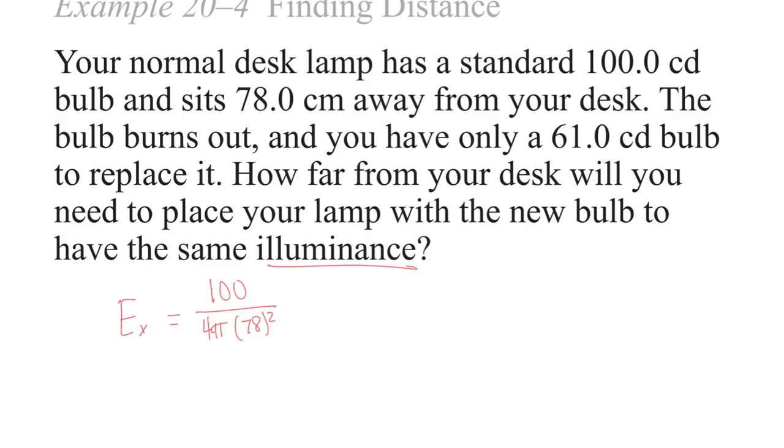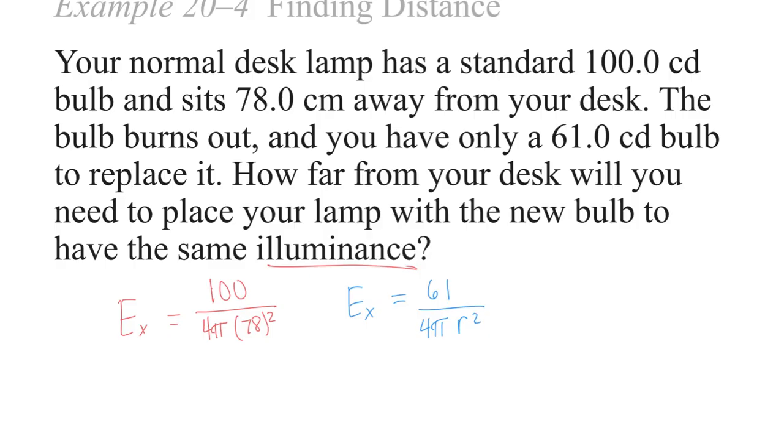But then I get a bulb that is not as many candelas. So now I want the same illuminance. That's going to stay the same. But I only have 61 candelas. And I need to know, what does this R need to be?